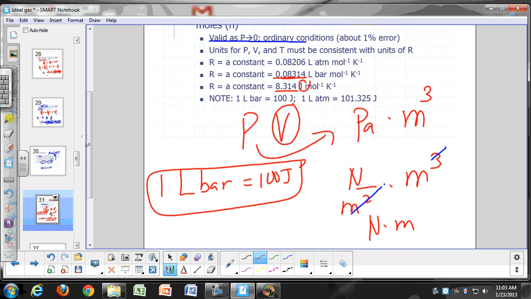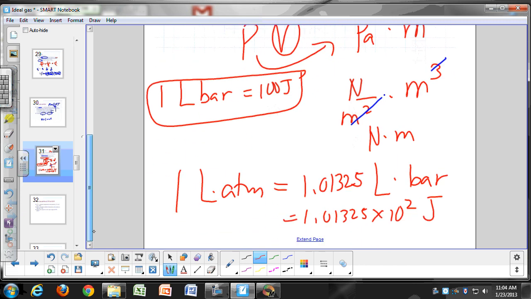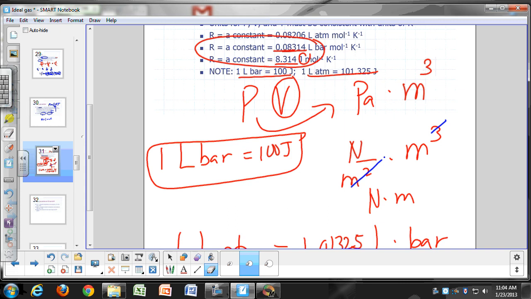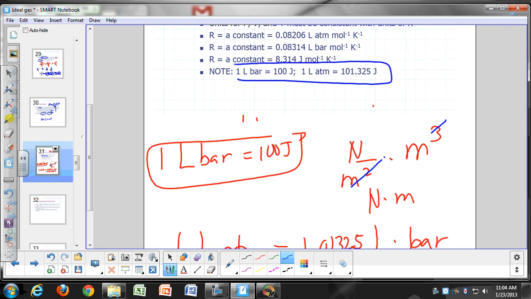These are numbers that you should be familiar with because we use a lot of SI units in our calculations. So a liter bar is 100 joules. A liter atmosphere is 101.325 joules. Yes? Oh, down here? This is the same thing right here. 1 liter bar is 100 joules. 1 liter atmosphere is 101.325 joules. Okay.